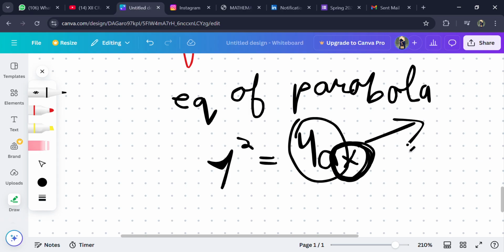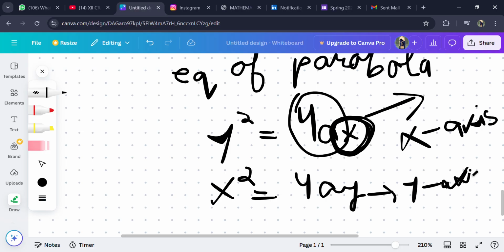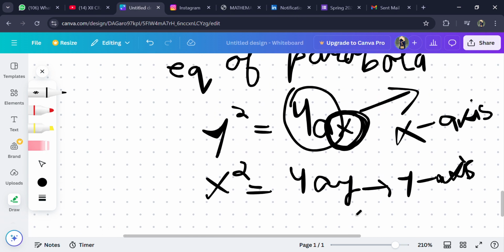Here it is y square equal to 4ax, so we'll directly say that this is an x-axis parabola. If it is written x square is equal to 4ay, we'll say this is a y-axis parabola. This is a short trick to find out the axis of the parabola if it's on the axis.